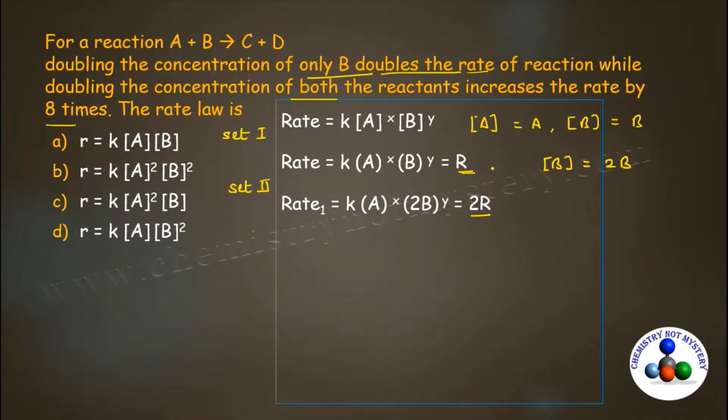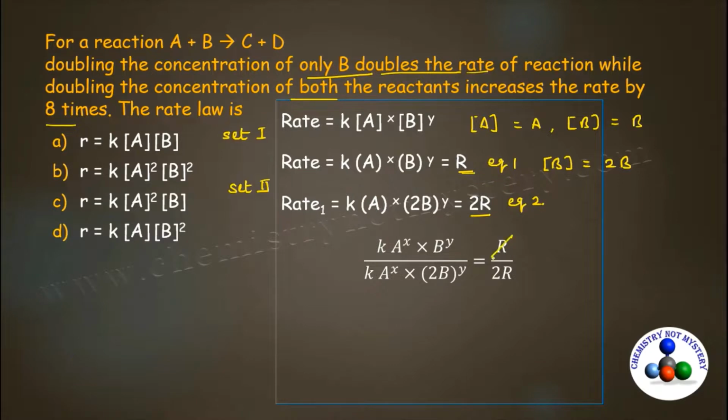Now this is the equation 1 and this is the equation 2. So now we divide both the equation. So you will get K A raised to the power x multiplied by B raised to the power y divided by K A raised to x multiplied by 2B whole raised to y is equal to R divided by 2R.